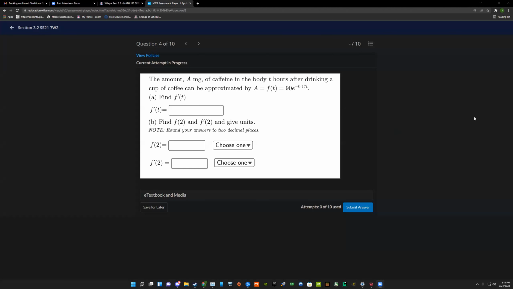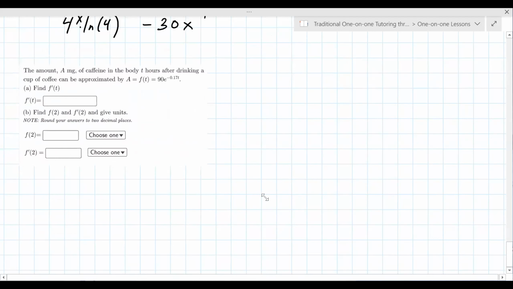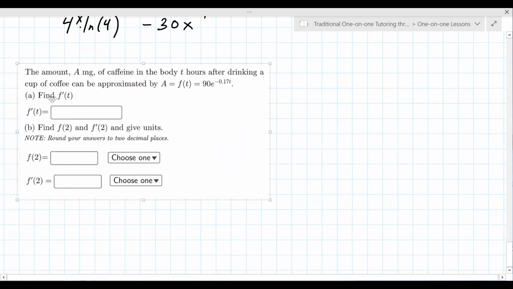All right, let me grab a snip of this. Okay, the amount of coffee in the body is described by this function here. They want you to first find the derivative.